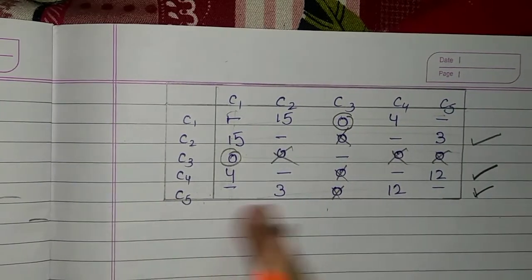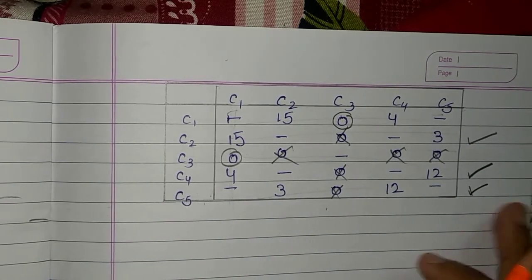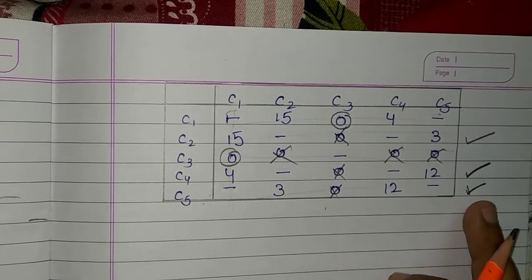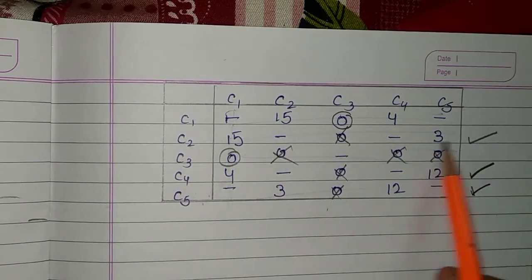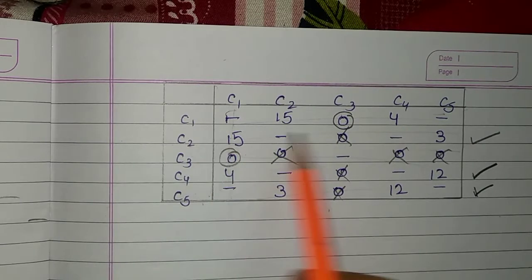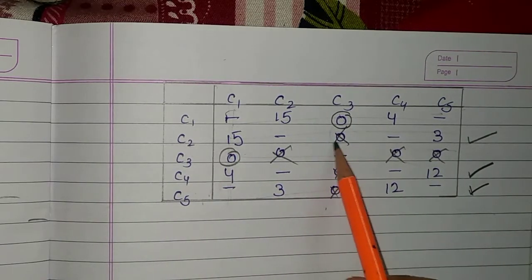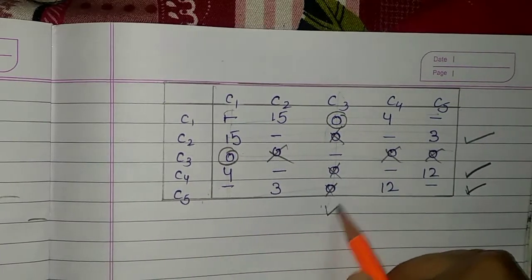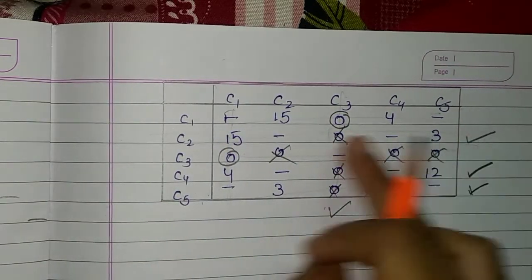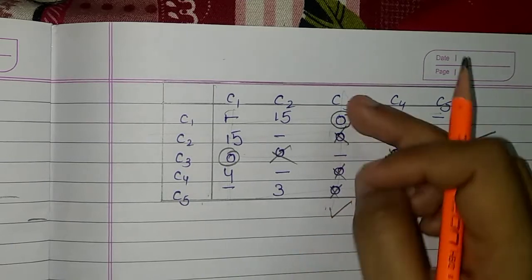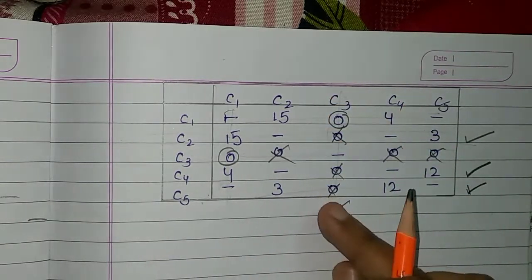And in this row, if any zeros are cut, that column should also be marked. Like C2. In this marked row, if any zero is cut, we have to mark that column.